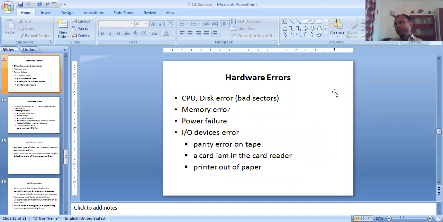And errors will be of different kinds. For example, they can be because of the hardware, they can be because of the software. So what are hardware errors? They can be regarding CPU or disk, regarding bad sectors, memory errors, power failure, like SMPS not working, RAM not working.